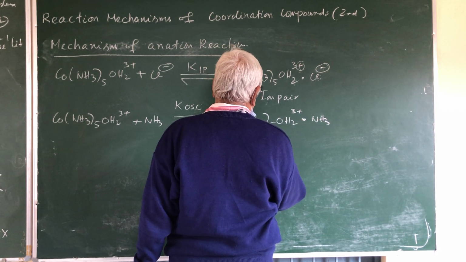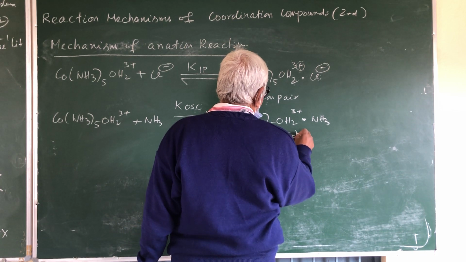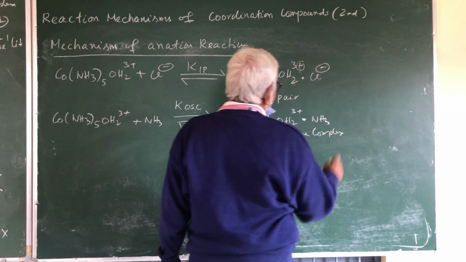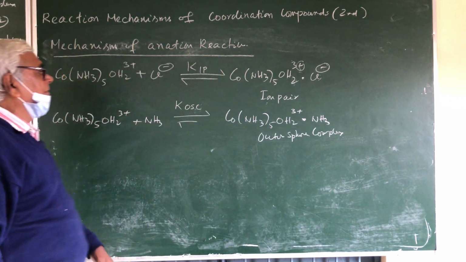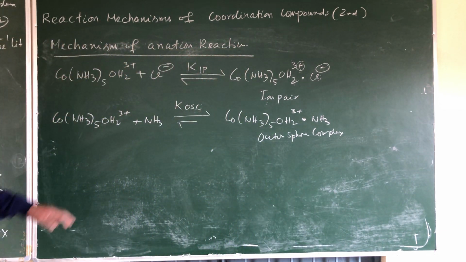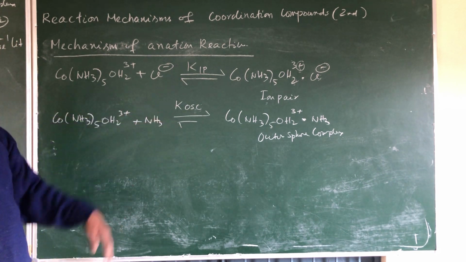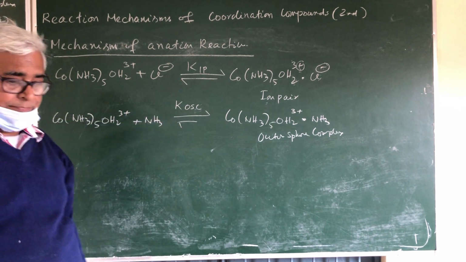This is the outer sphere complex. So the mechanism is almost the same for anation, and only the equilibrium constants and rate constants are different in name.